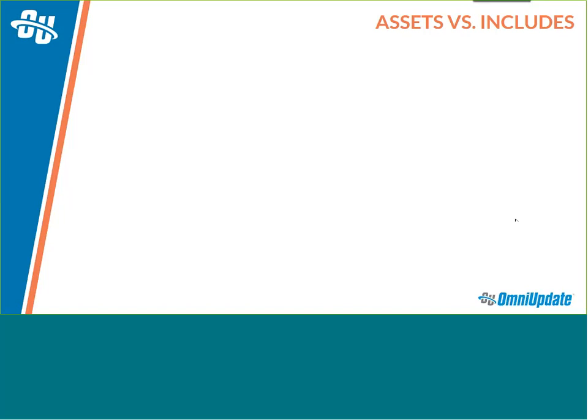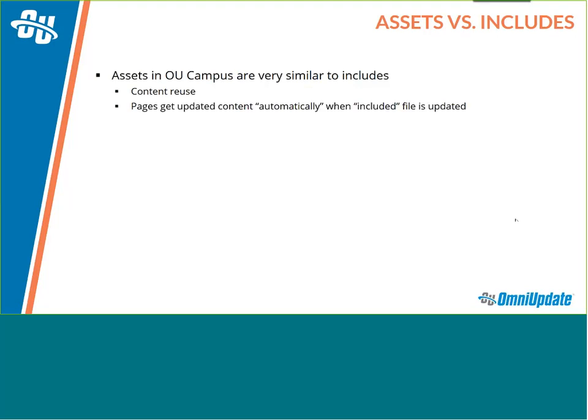Now let's talk a little bit about assets and includes. At this point, we've talked about reusing content and grabbing it and putting it on pages and wanting to make sure that that same content is repeated on multiple pages, and that sounds a lot like what assets do. Assets in OU Campus are really similar to includes because they both give you content reuse, and the pages are both going to get that updated content automatically when the included file is updated.